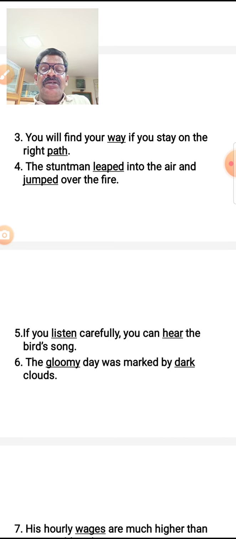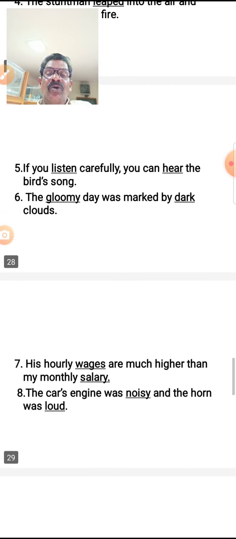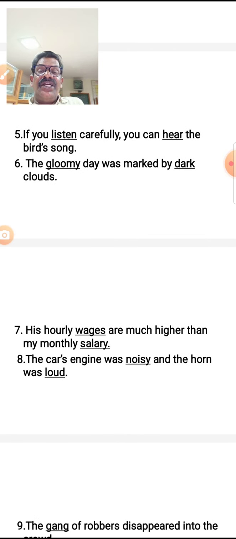The similar word of listen is hear. Let us come to the sixth sentence. The gloomy day was marked by dark clouds. Gloomy. The most similar synonym for gloomy is dark.